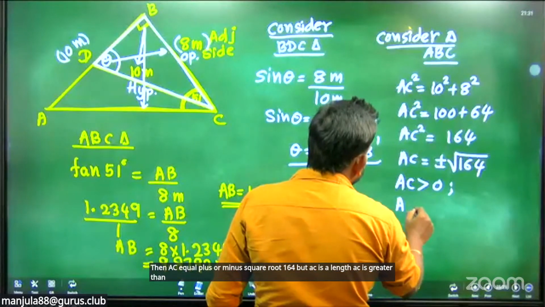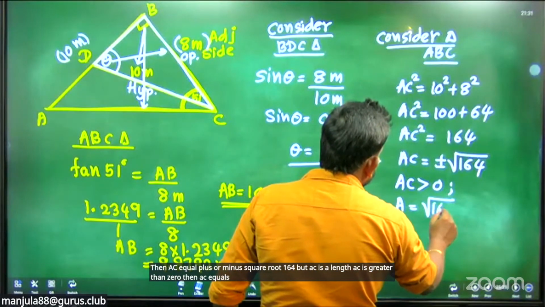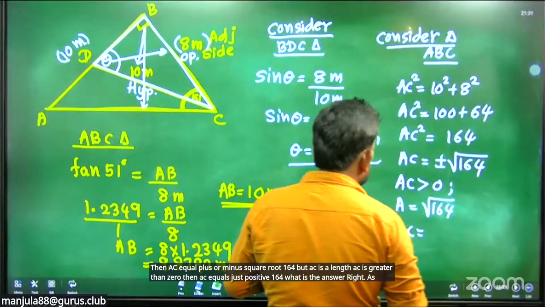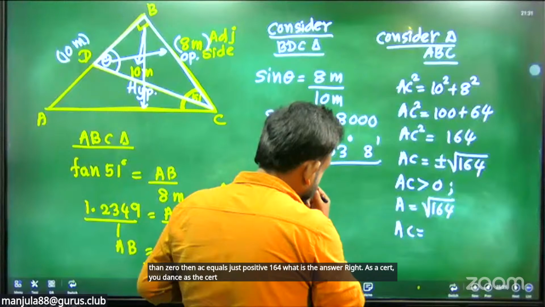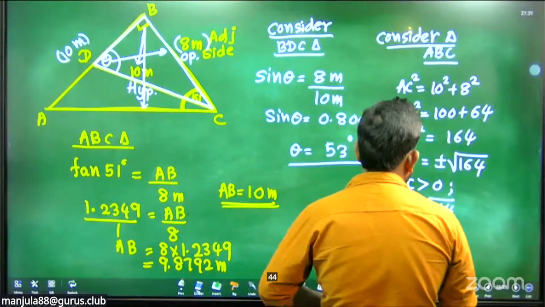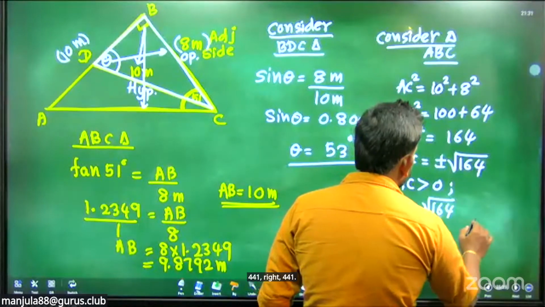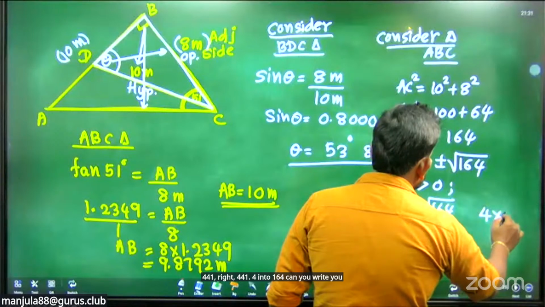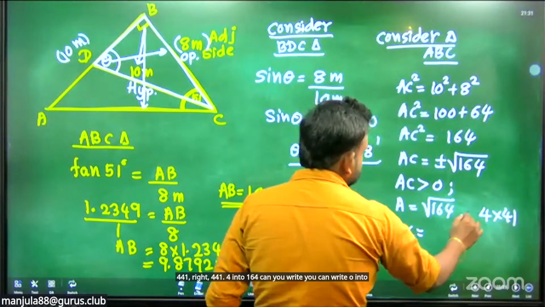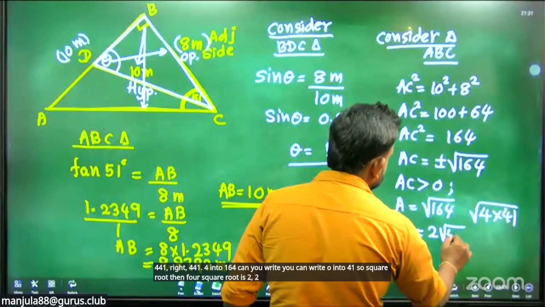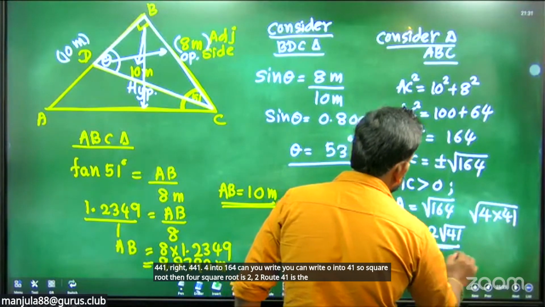Then AC equals just the positive root of 164. Give the answer in surd form. 164 is 4 times 41, so the square root of 4 is 2, and the answer is 2 root 41.